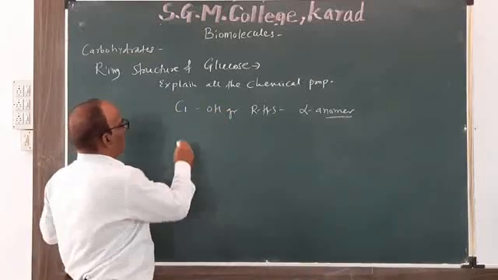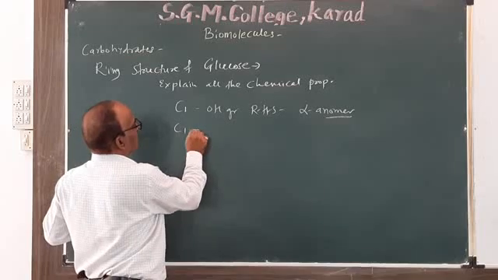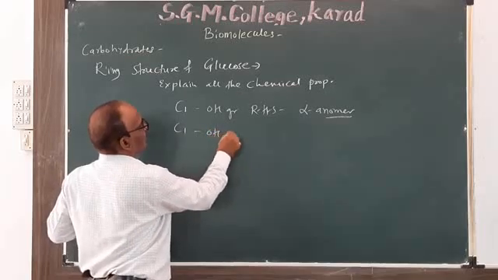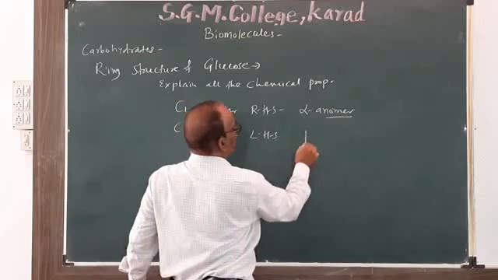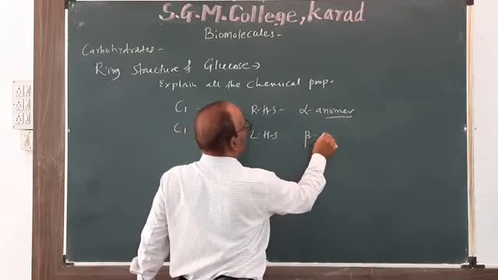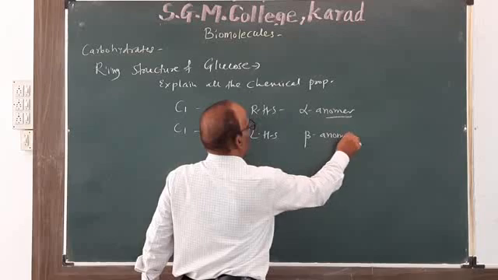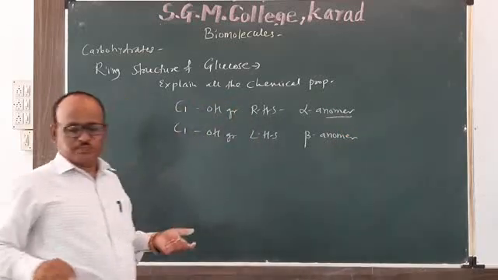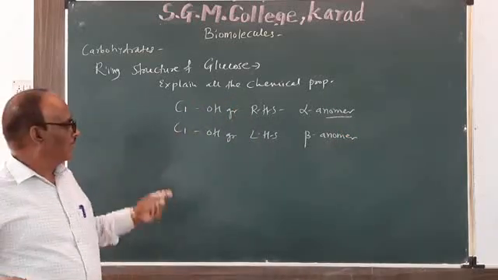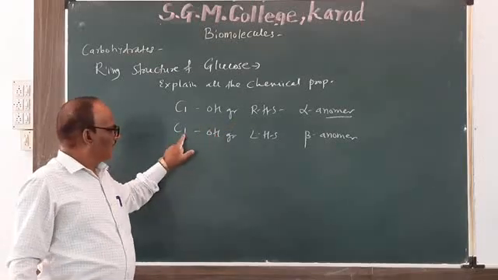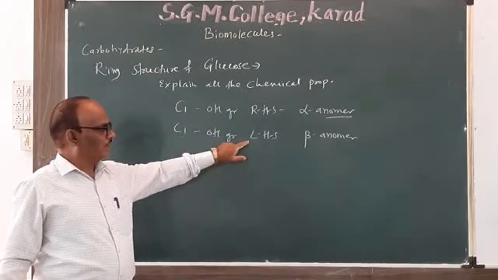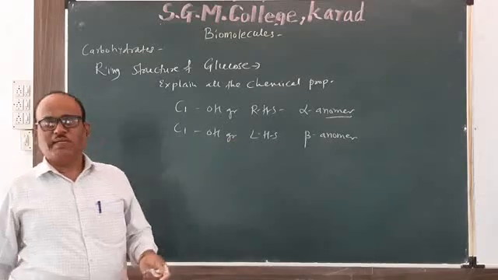If the C1 OH group is present on the LHS, then it is called a beta anomer. So C1 OH group on RHS is alpha anomer; at C1 OH group on the left hand side is a beta anomer.